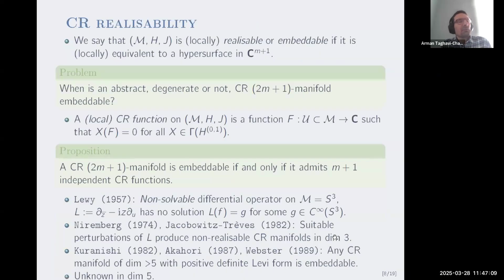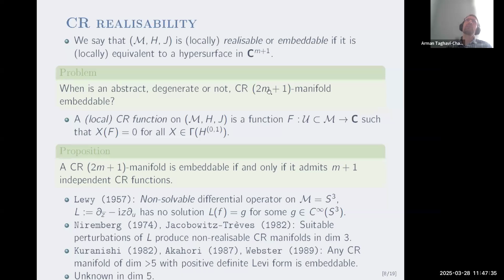Okay, so this was for the geometrical side of things, but the more analytical side of CR geometry is really concerned with realizability. As I said, when is an abstract CR manifold realizable as a hypersurface in C^(m+1)? For this, we need the notion of a CR function.